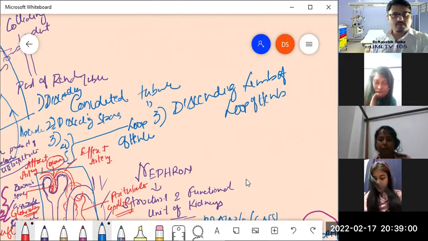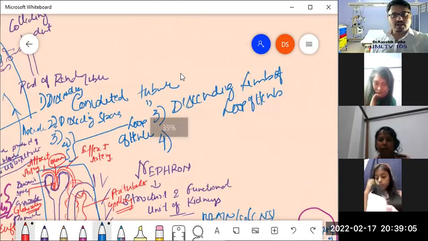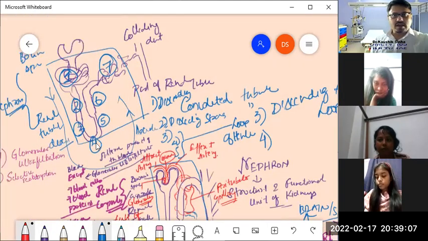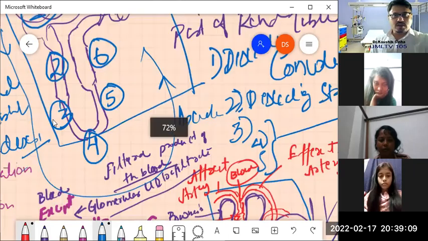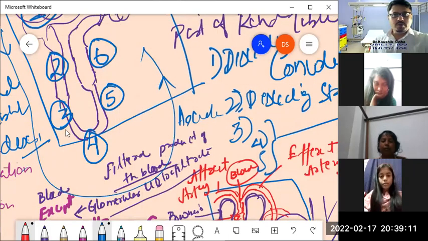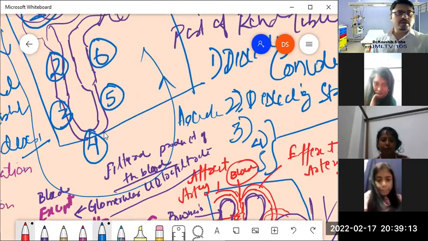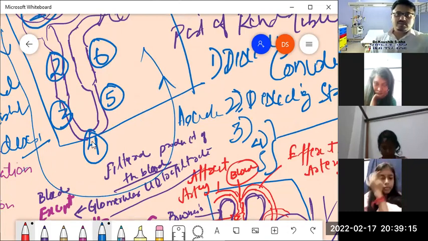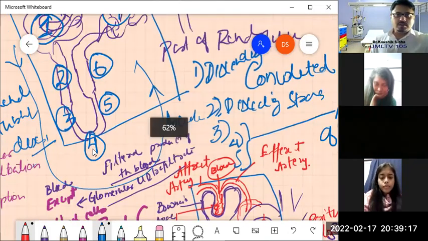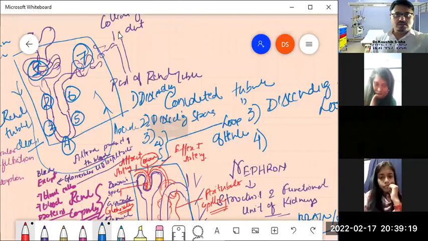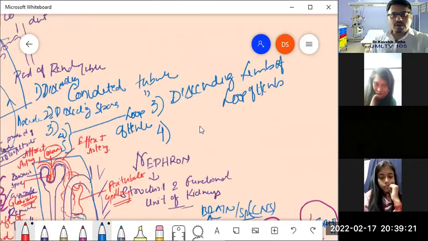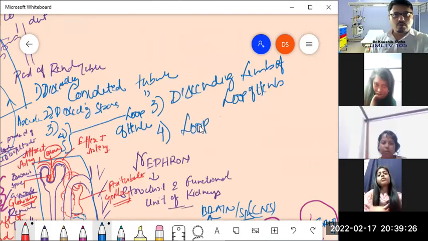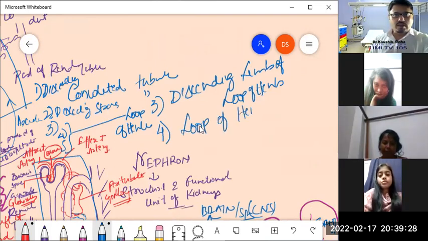Part number 4 is the turned area. Observe again in the diagram. This part number 4 is the area where the tube takes this U-shaped bend. So this bent area, part number 4, is the more proper loop of Henle.